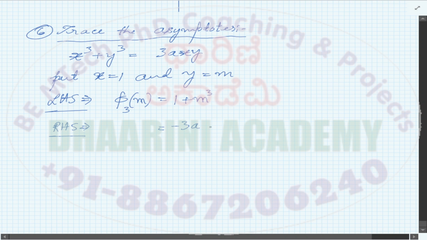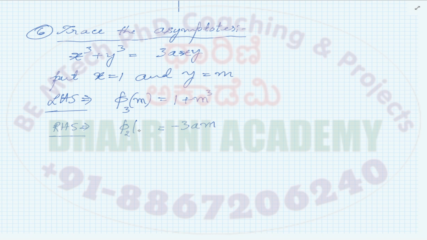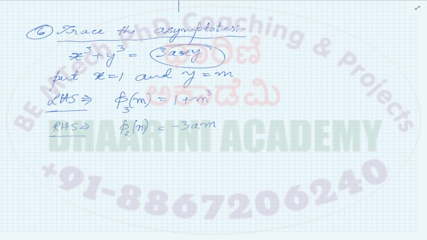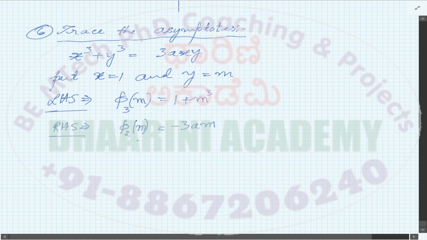So just take care of this thing. Now I give a notation as phi 2 of m, because on the right hand side, the degree I have is equal to 2. The degree of 3axy is 2. I already know that. That's why I called this phi 2 of m.